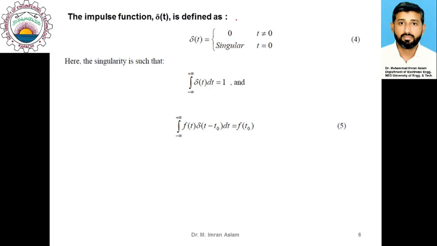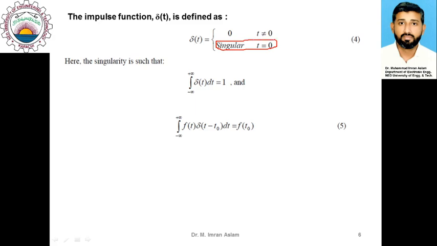This impulse function, you already know, is defined by this formula. I just put it here for recalling purposes. This delta t exists for only one value, which is t equal to 0.